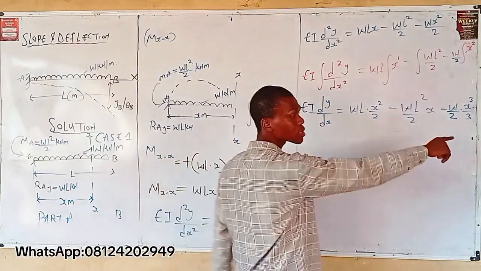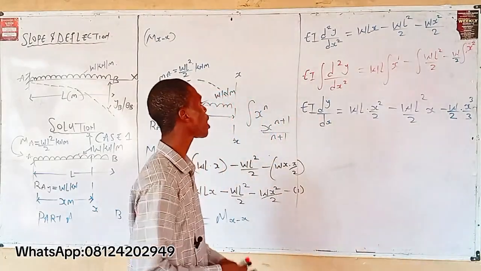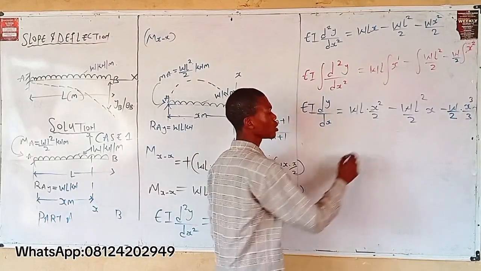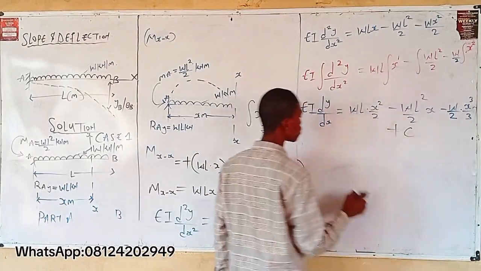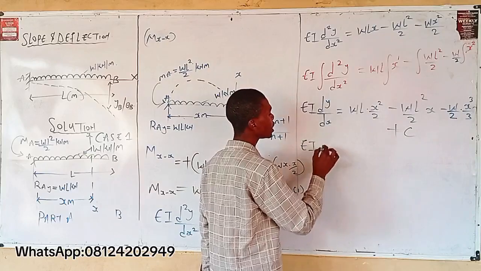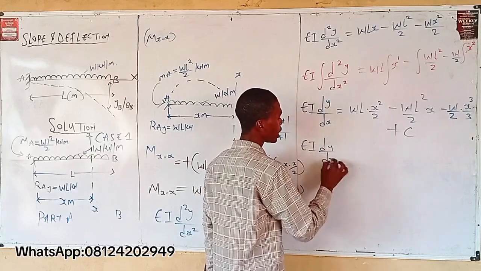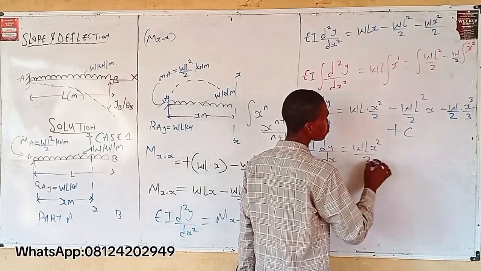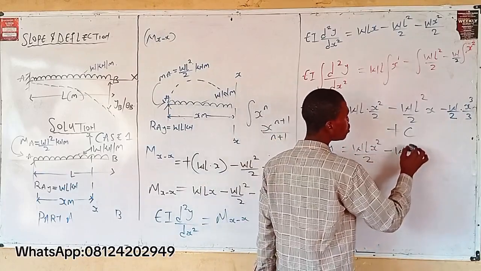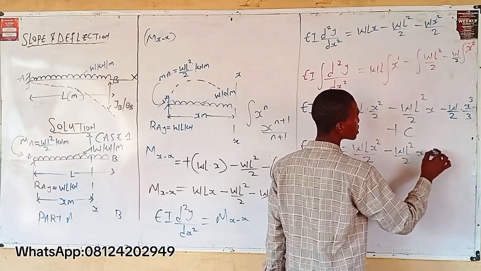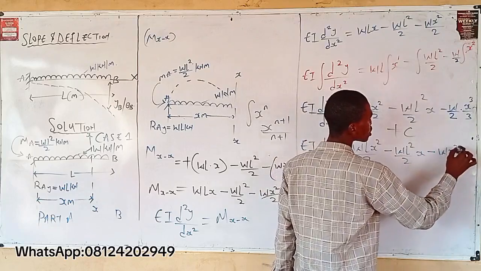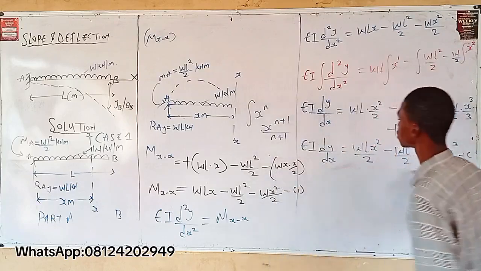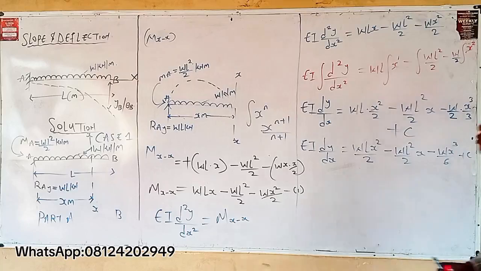We integrated, right? So let's write this in a nicer way. Meaning EI, when you integrate, add c. Don't forget your c, your constant. So EI dy over dx equals WL x squared over 2, negative WL squared over 2 x, negative W x cubed over 6, plus c. So this becomes your slope equation.